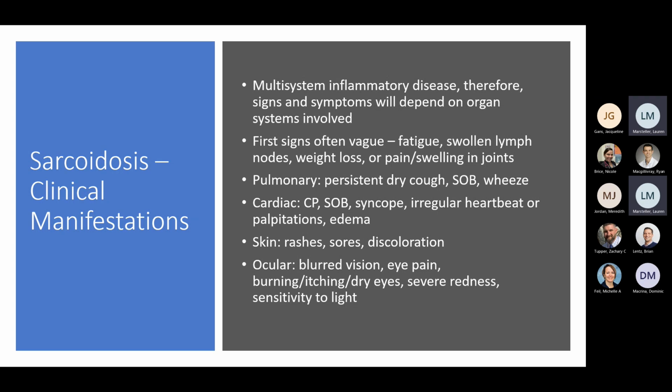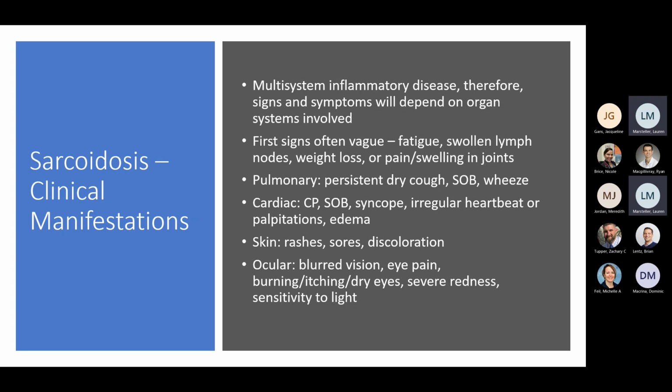The cardiac symptoms for patients with sarcoid, they may have chest pain, they may have shortness of breath, syncope. They could even, unfortunately, present with sudden cardiac death if they didn't know they had sarcoidosis. They could have irregular heartbeat or a sensation of palpitations and edema.